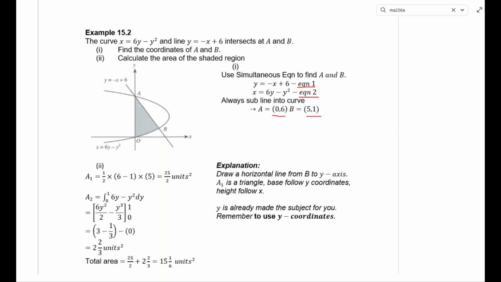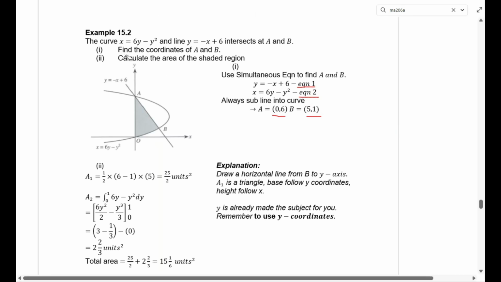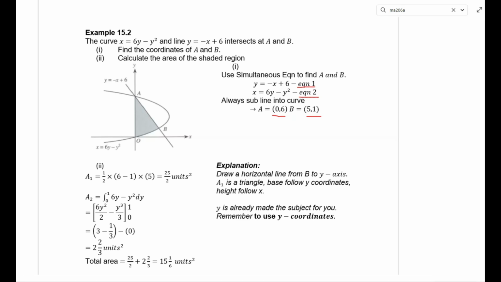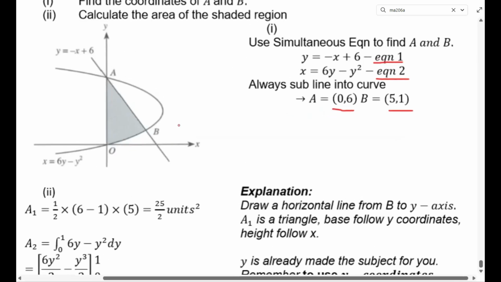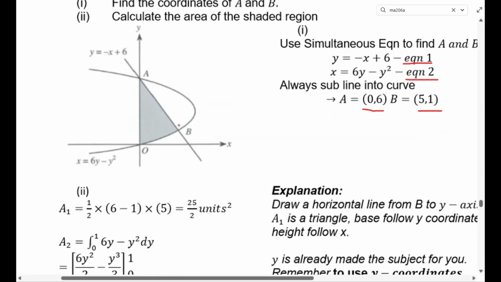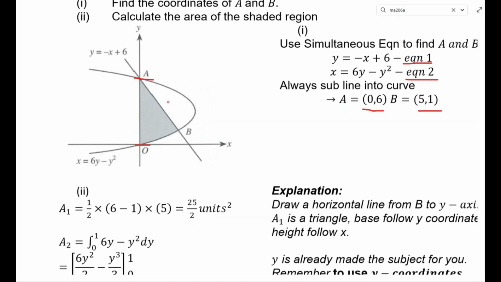Part 2, calculate the area of the shaded region. If we observe this shaded region, there's no way that we can do a direct integration from this coordinate to this coordinate, because we'll account for extra area again. Therefore, we'll need to split this whole area up.